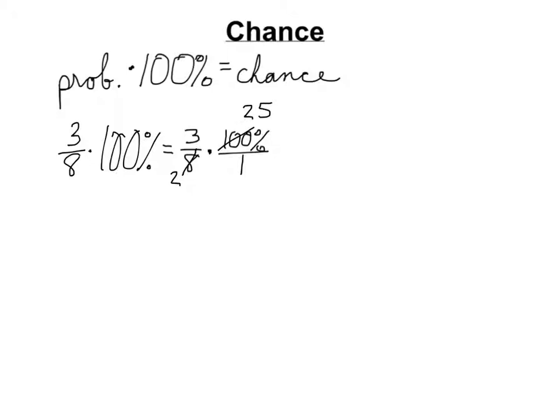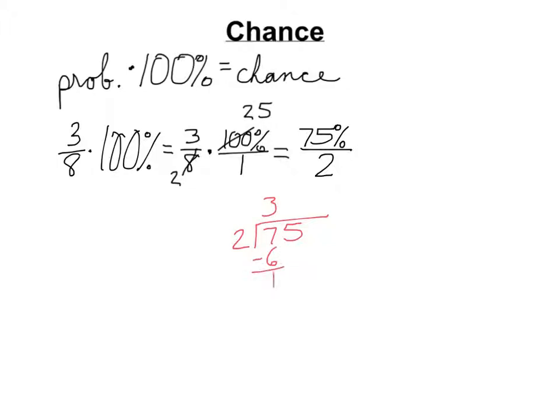I can't reduce anymore, so we've got to multiply. 3 times 25% is 75%. And then 2 times 1 is 2. Do a little bit of division. 75 divided by 2. So 2 goes into 7 3 times, which is 6.